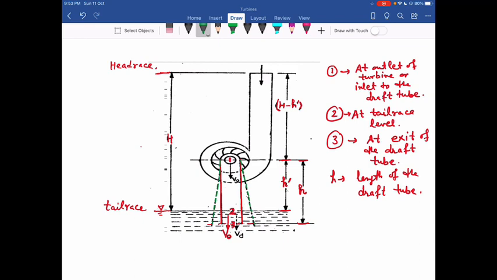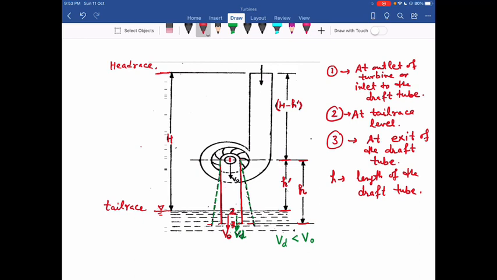Now here, when water comes out, the velocity is Vd. Okay, so Vd is less than Vo. So with this, I think the diagram is clear to you.